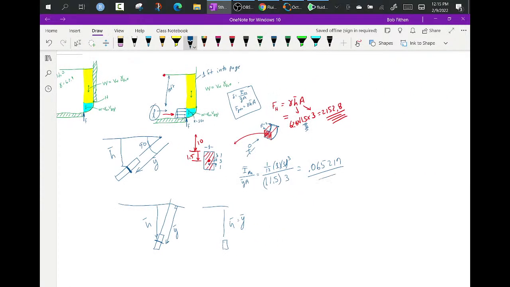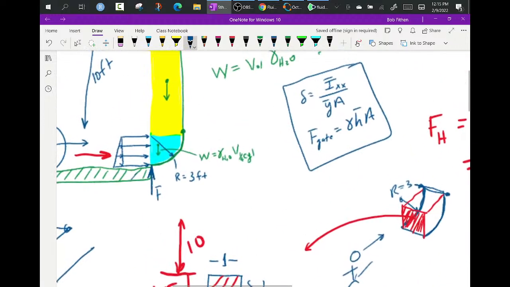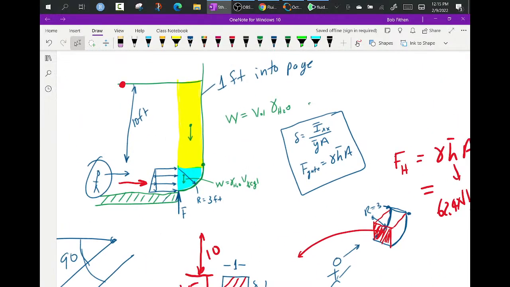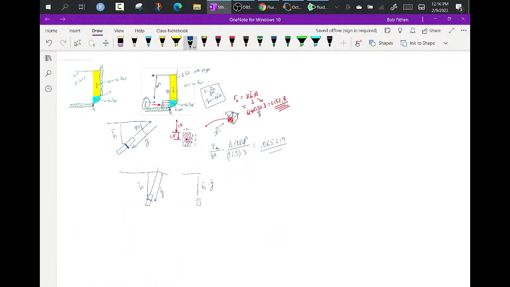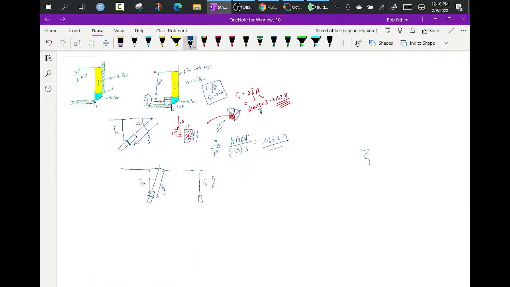So now what does that mean? From a free body diagram perspective, it means I can take this picture again, copy it, and put it over here somewhere.